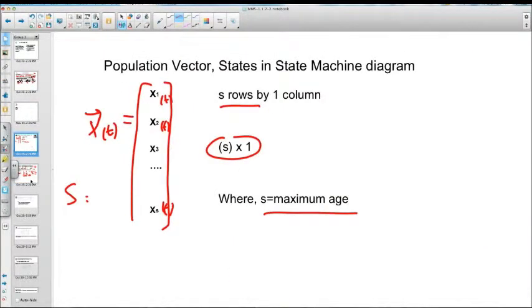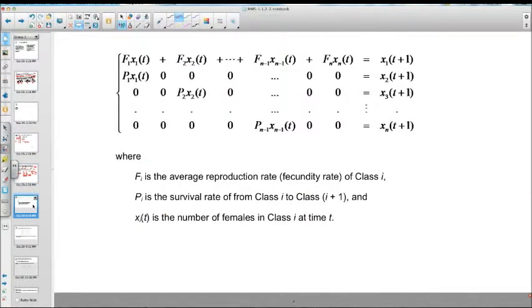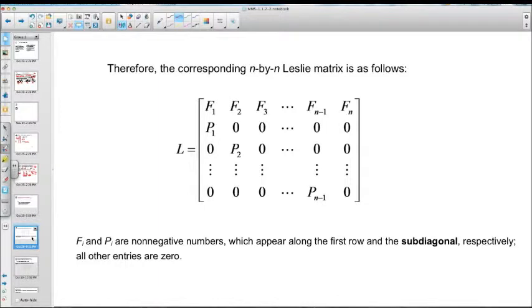So we got this, and we have all these equations. If you have trouble following this n, go back to the older one. Let n equal 3. You have 3 equations. What I'd like you to pay attention to is the first row is full, but the others have a bunch of zeros. And then we can summarize this into a matrix.